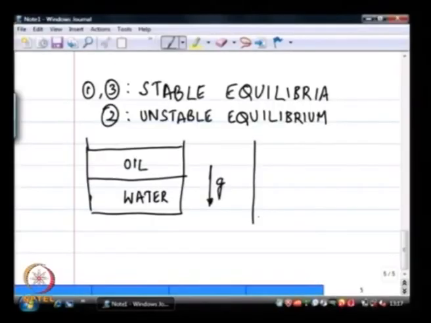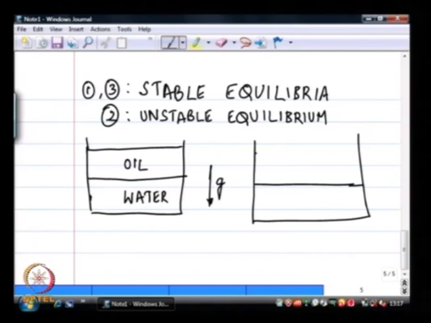Now, if I ask the question, if I gently place water above oil, okay, and I ask you the question, is this an equilibrium condition? The answer is yes.